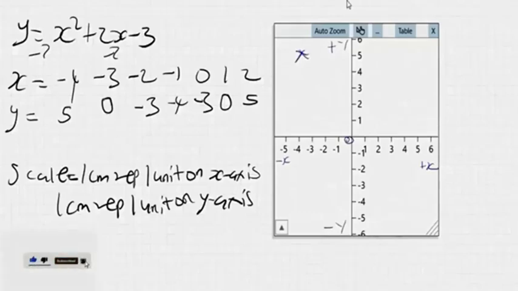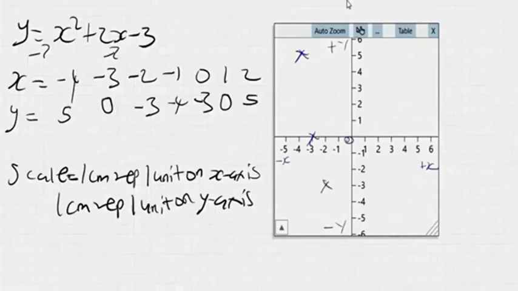Now when x is negative 3, y is 0, so the point will be here. Now when x is negative 2, y is negative 3. So when you trace it, this is where it's going to be.